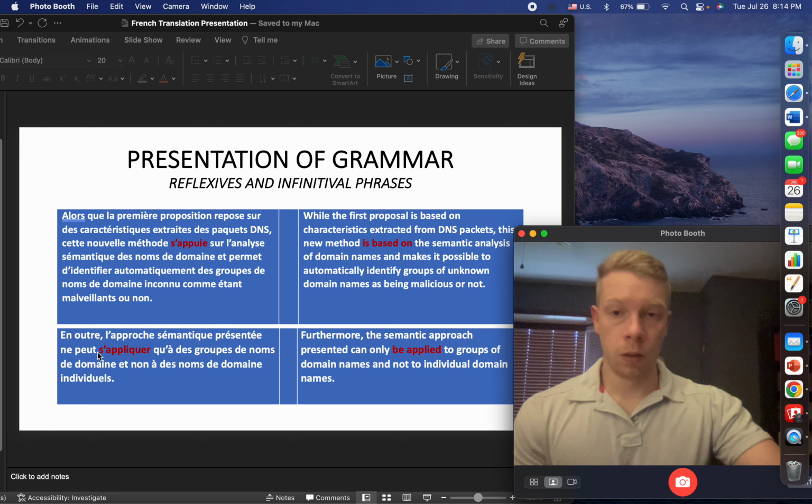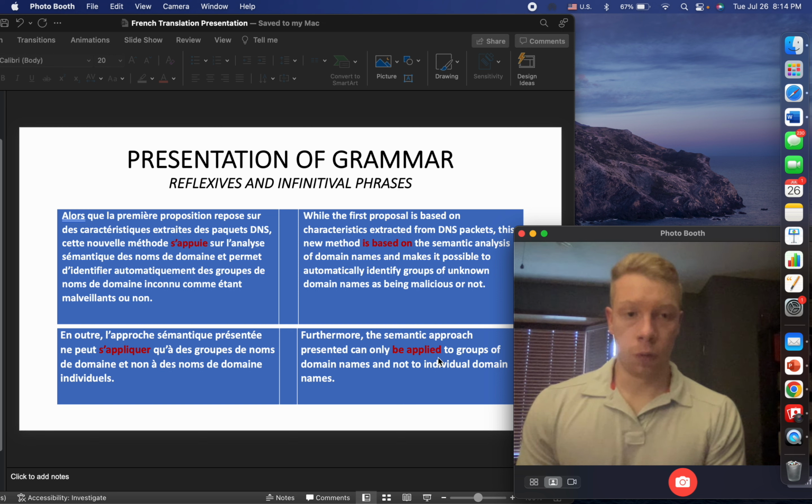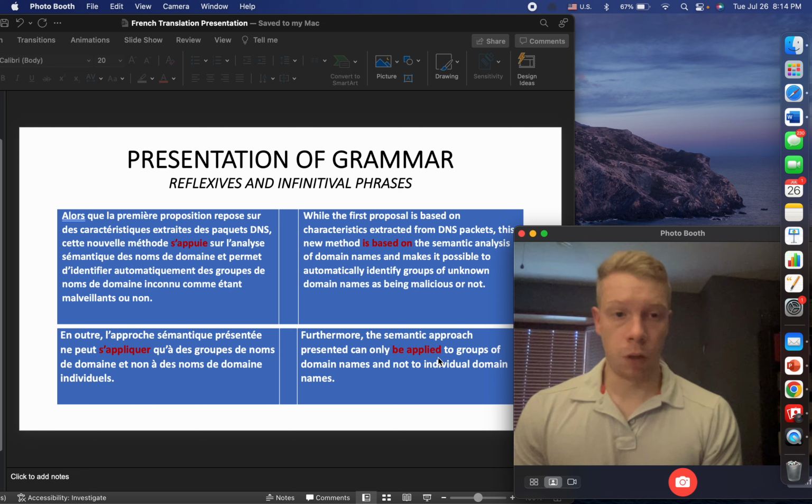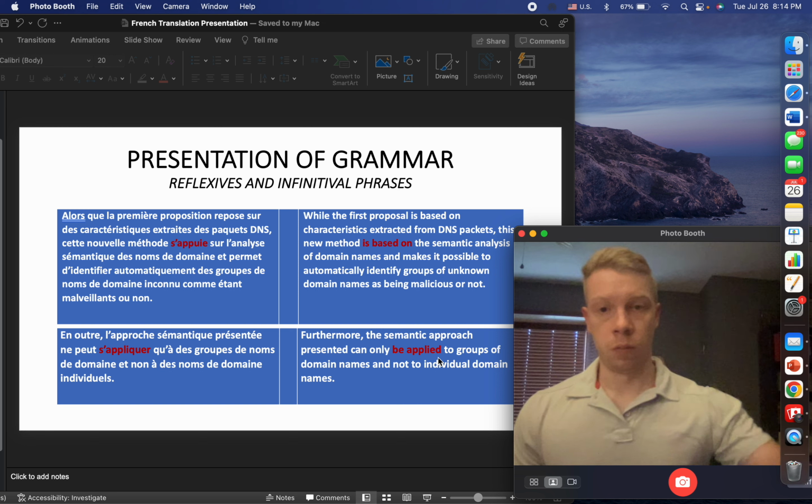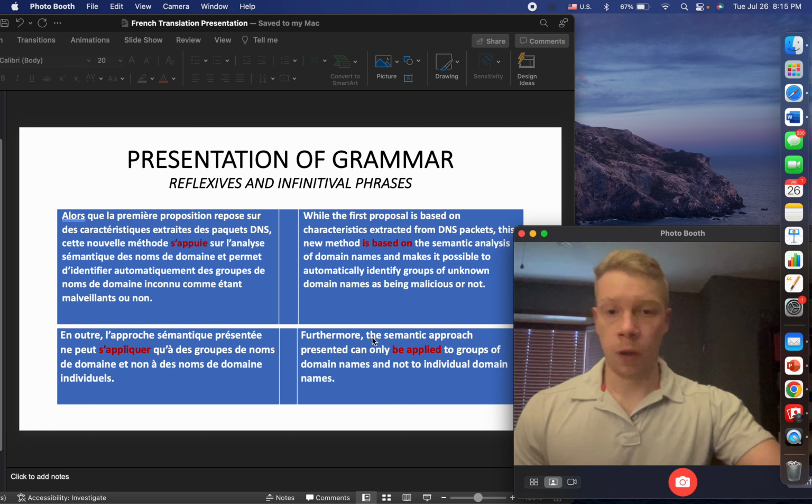Again here, "to be applied," in French we have our reflexive clitic plus the verb, but the translation in English goes to a helping verb plus the past participle of a main verb. So these were aspects that we certainly discussed in class that were quite common in this translation.